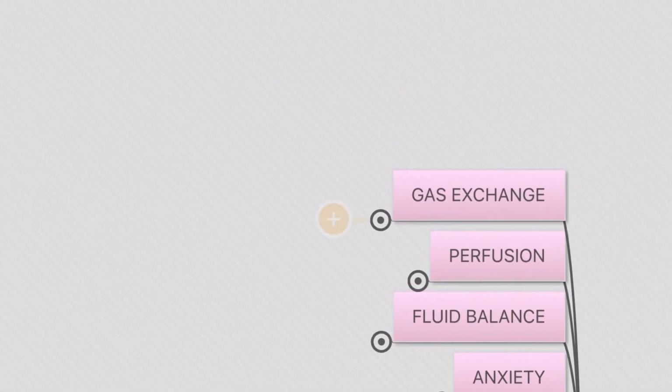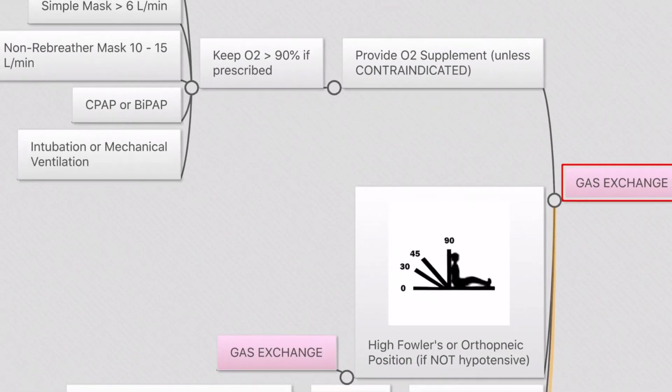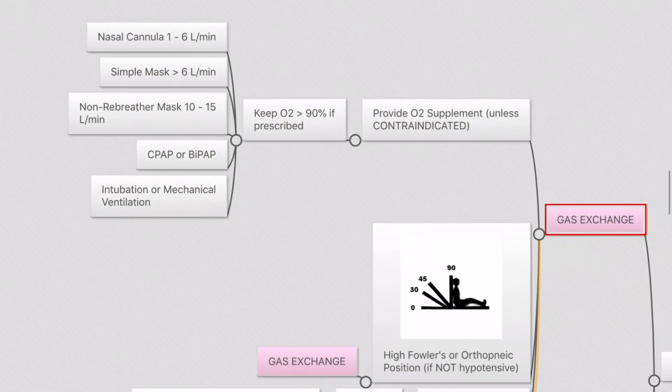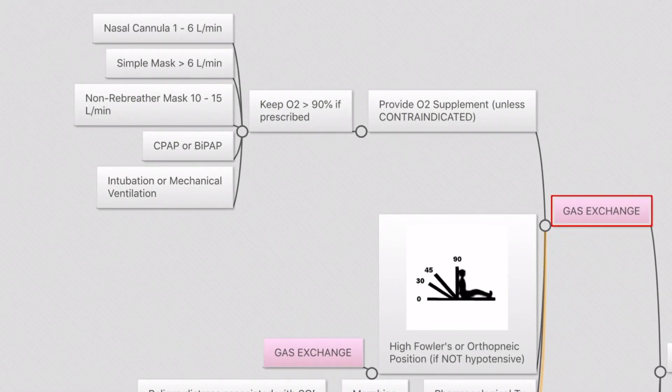So gas exchange. What can you do? The first thing you can do will be provide oxygenation. So oxygen supplement, unless it's contraindicated. A lot of times we want to keep SpO2 or oxygen saturation above 90% if prescribed. Then obviously there are various methods of providing oxygenation, from non-invasive to more invasive.